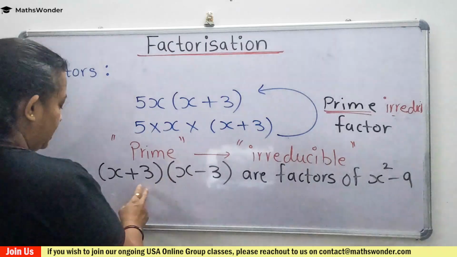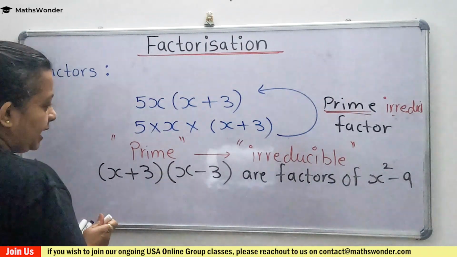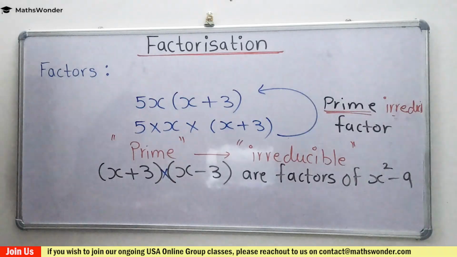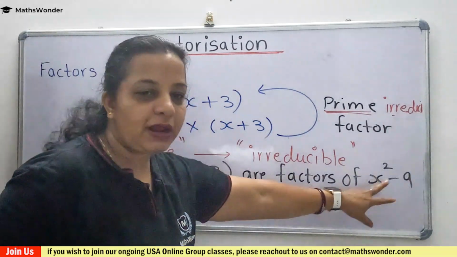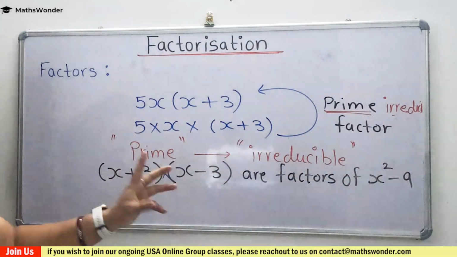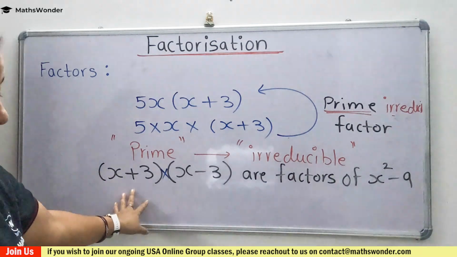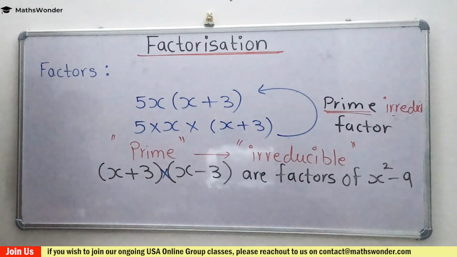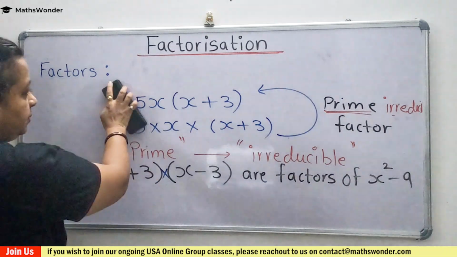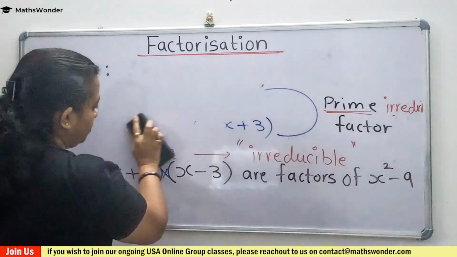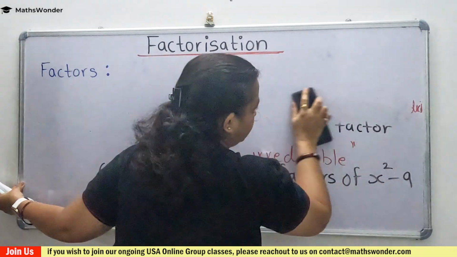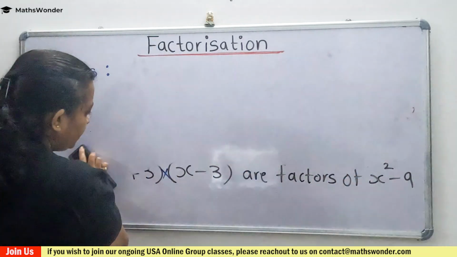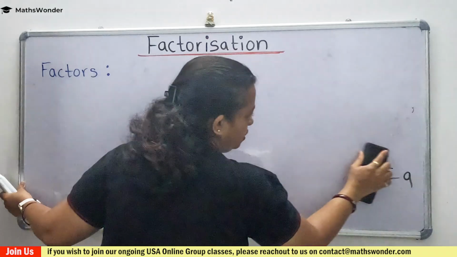See, these two are in multiplication, right? In these two terms we have the sign of multiplication. So x square minus 9 has these as its factors. So factorization is the reverse process of multiplication. How? I am giving one more example, and I'll explain in another way also.